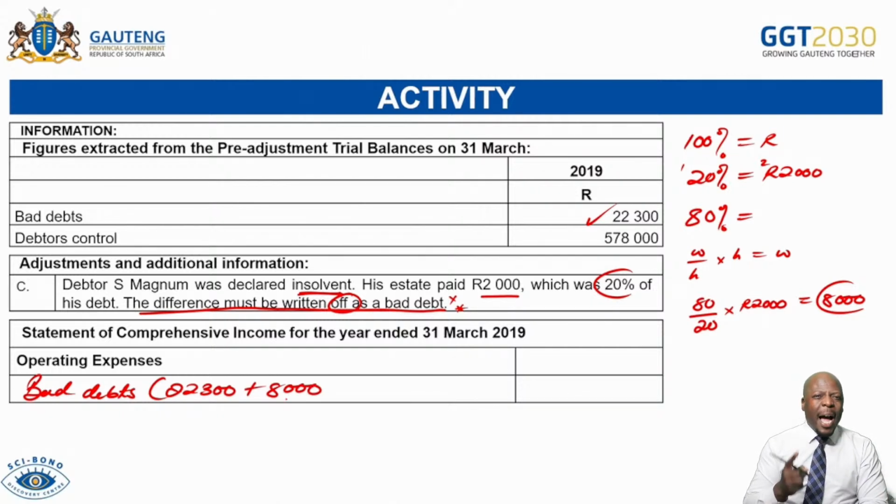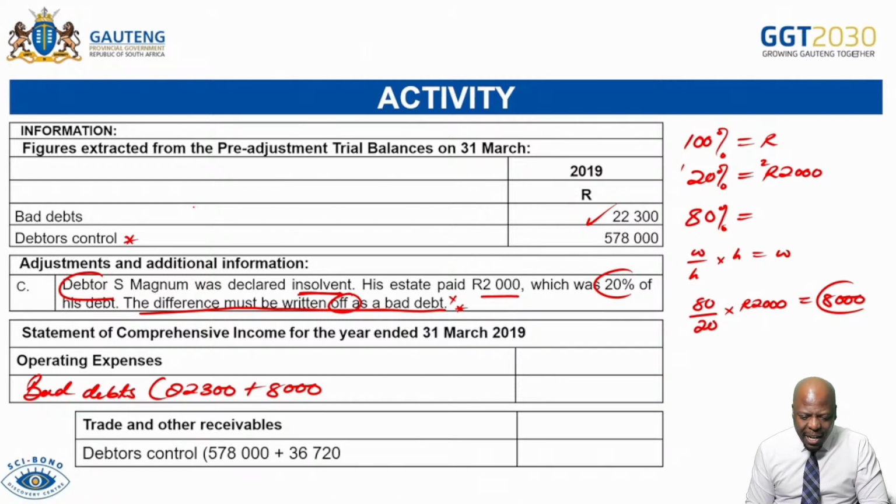Okay. But once I have bad debt, I know once I have a debtor, it must affect my debtor's control. So I'm going to come to my trade and other receivables. Remember, we've already adjusted for that invoice, adjustment A. So I'm going to come here and I'm going to now say, what do I say? Is it a plus or a minus?